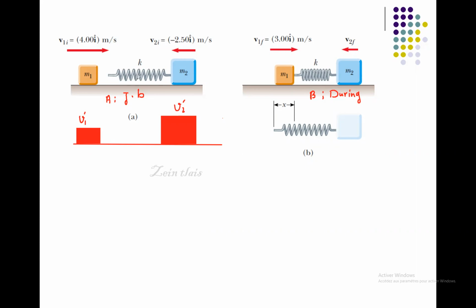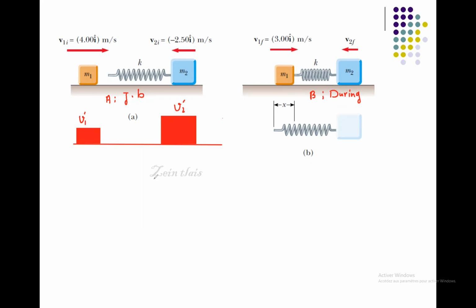You know, we have a light spring attached to M2, and during the collision, we have a compression between M1 and M2. First of all, do you have an elastic or non-elastic collision? If we have a non-elastic collision, you must have a conversion to internal energy.